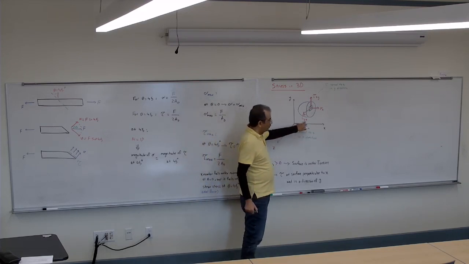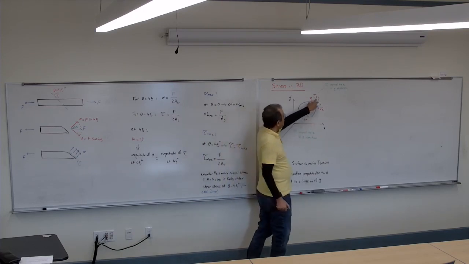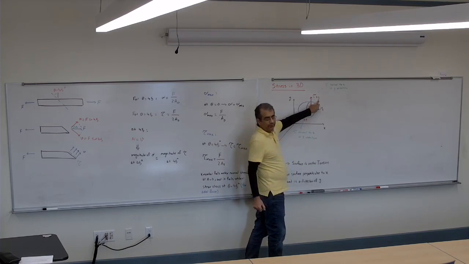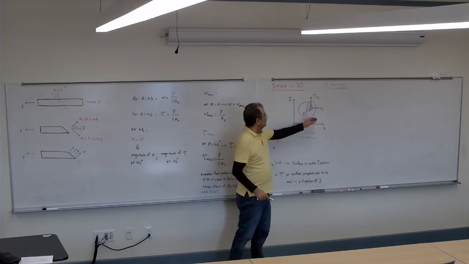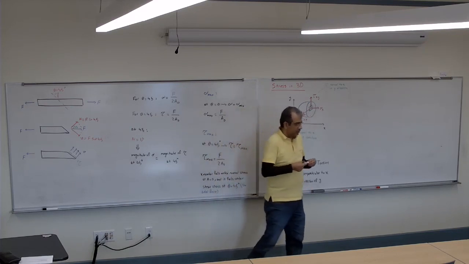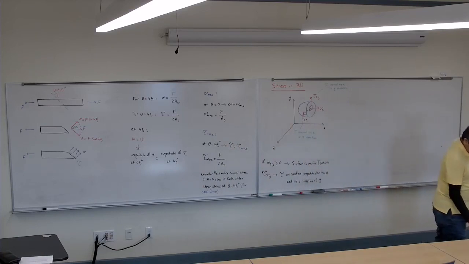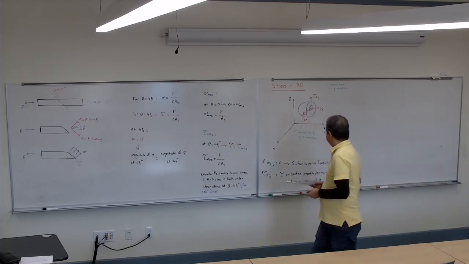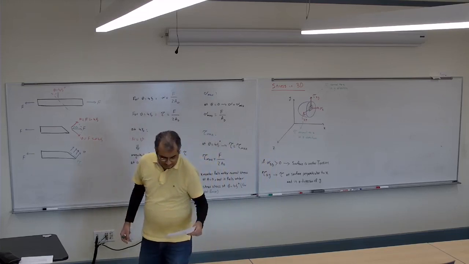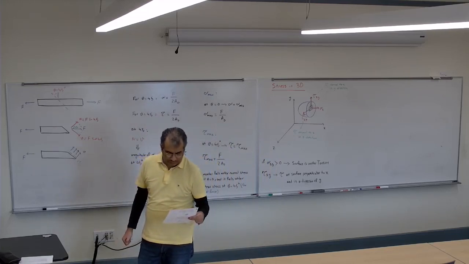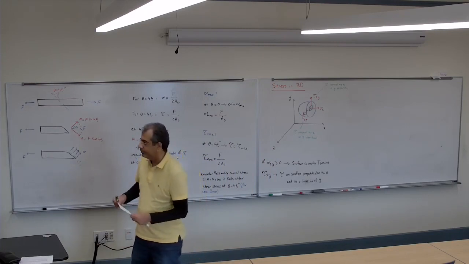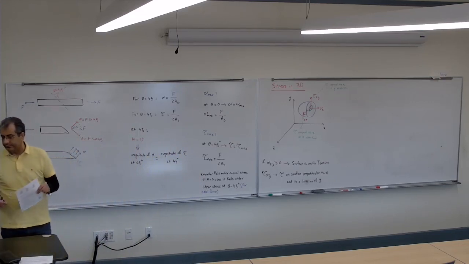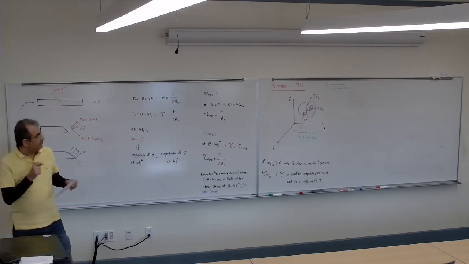Here, normal to the x in the direction of the z. Here, normal to the x in the direction of the y. So that's how we read the tau. Any question?